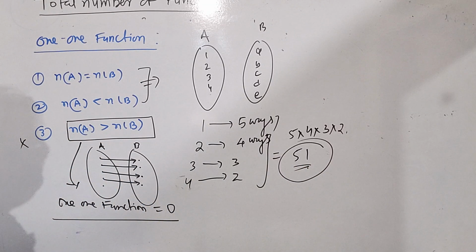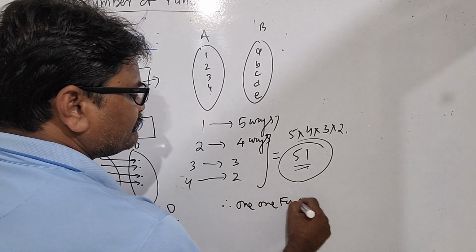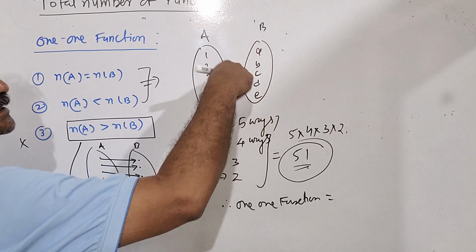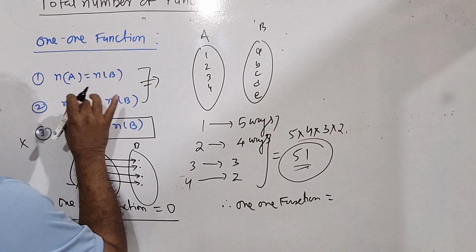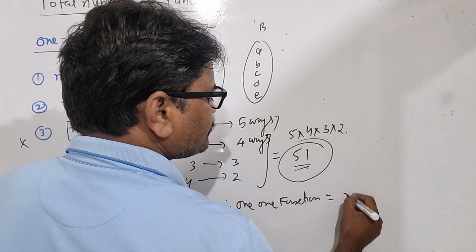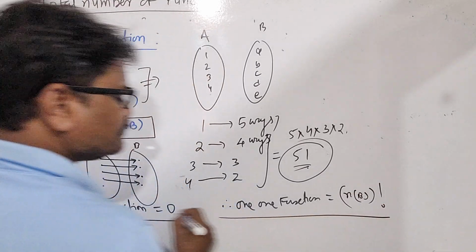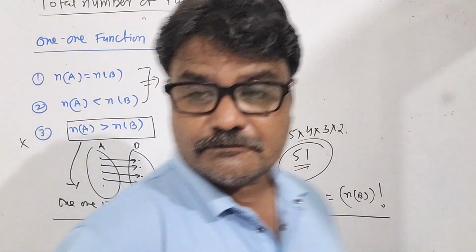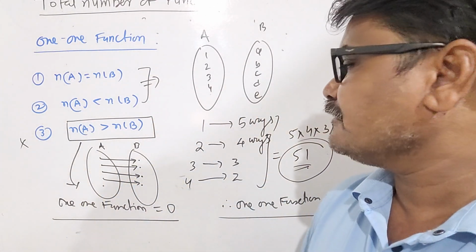So the total number of one-one functions is, 5 is the number of elements present in the codomain set, whether n(A) equal to n(B) or n(A) is less than n(B). So this is n(B) factorial. This is the total number of one-one functions, provided n(A) equal to n(B) or n(A) is less than n(B).